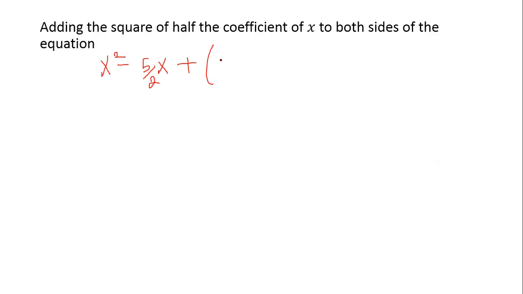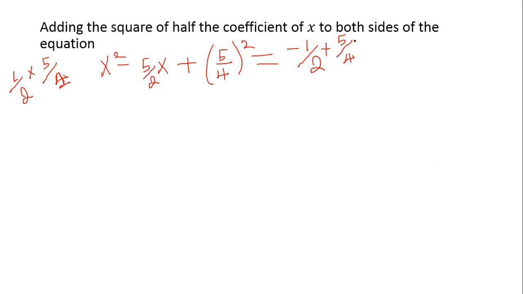Half the coefficient will be 5 over 4 because it is a half of 5 divided by 2, so 2 times 2 will give me a 4. So I square this and I say it is equal to negative a half. Then I also add 5 over 4 squared.